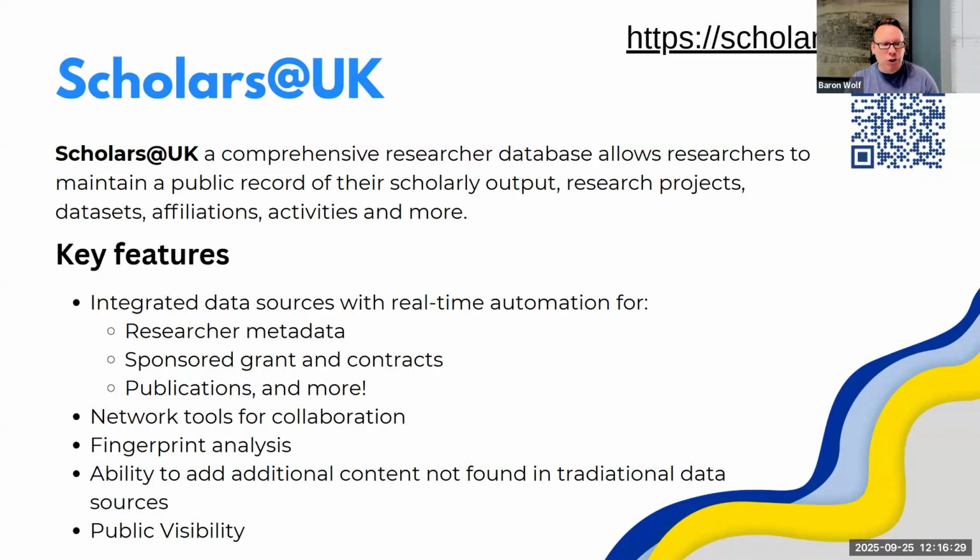It includes tools to explore your network for collaboration. So there are amazing network maps that are already created based on your co-authorship. So if you co-author publications with people all over the world, you're going to have a robust map that people and users can explore that work.